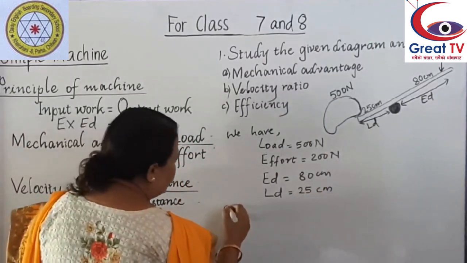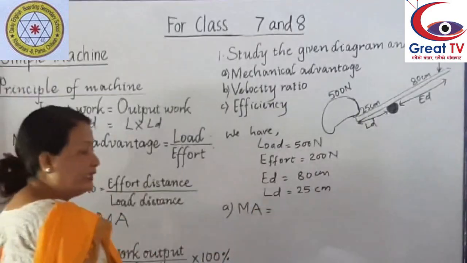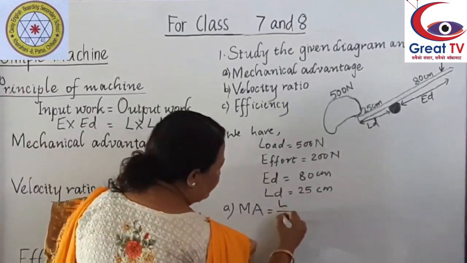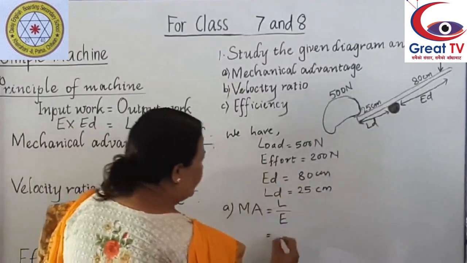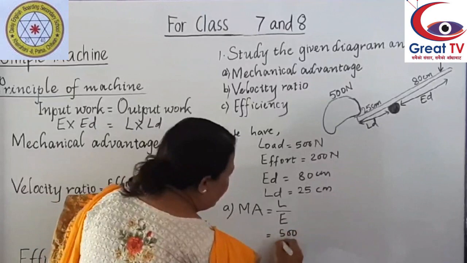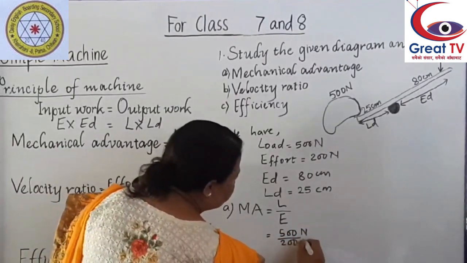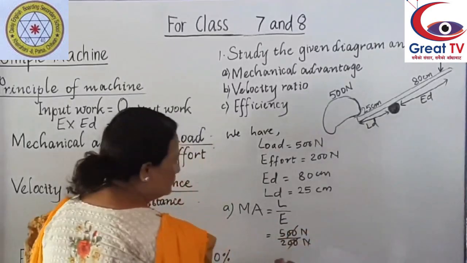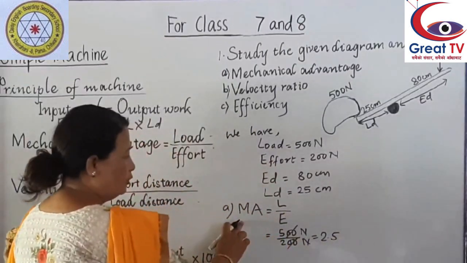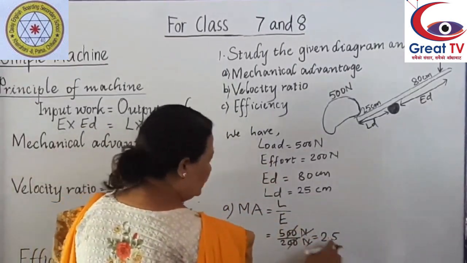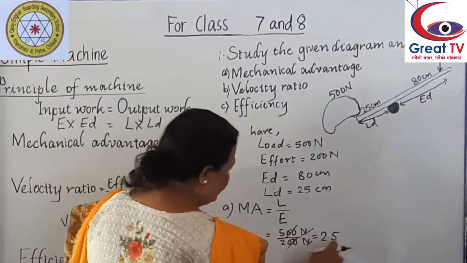Now we have to calculate first the mechanical advantage. The formula of mechanical advantage is load by effort, which is 500 Newton by 200 Newton, equal to 2.5. As we know, mechanical advantage has no unit. So the answer is 2.5.